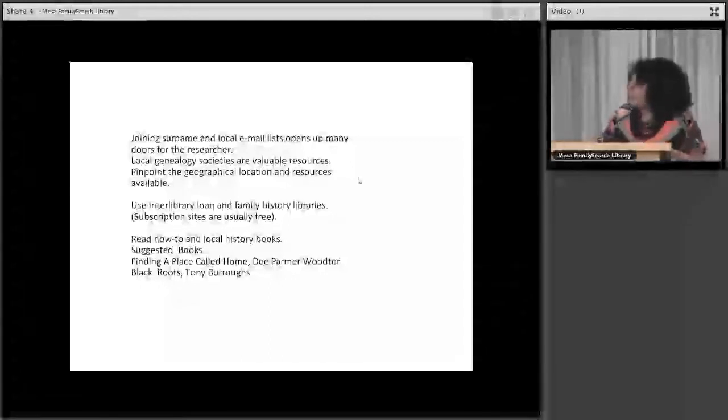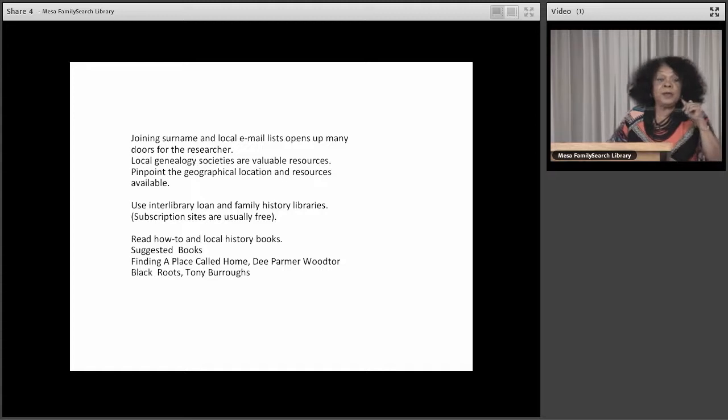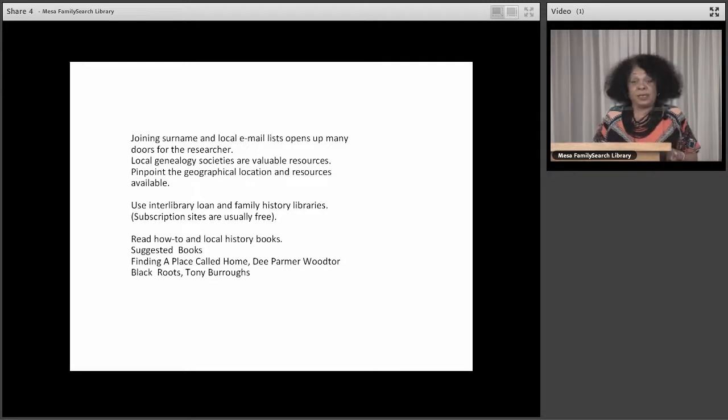Use the interlibrary loans. If you locate any books that were written on your area of research, see if you can get a copy. Interlibrary loan, sometimes they might charge you the postage to send it. My own personal experience, for Lamar County, Alabama, we found a copy of the book, but it was in Lamar County, Texas.